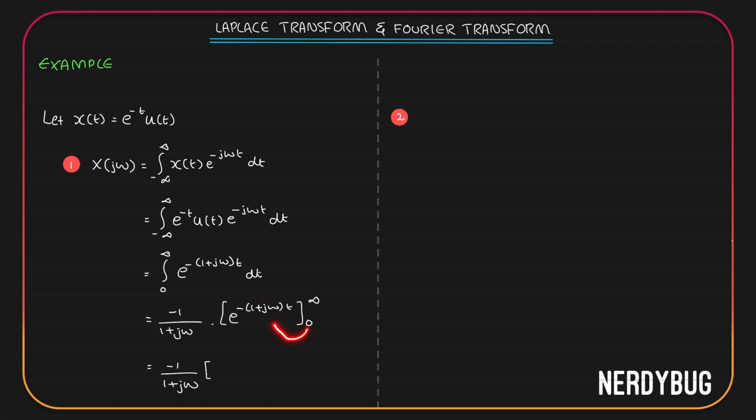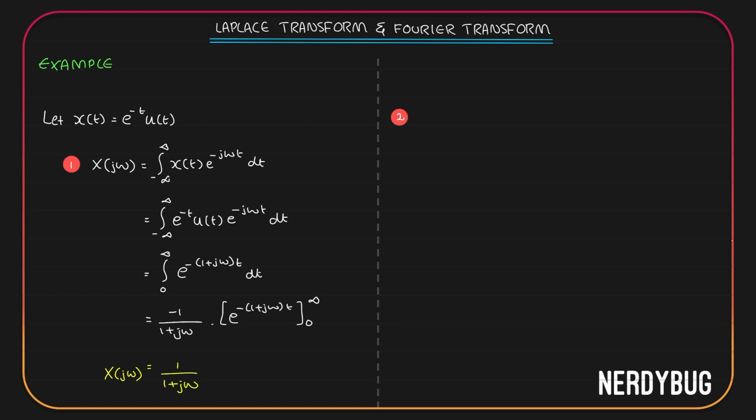When you give the lower limit, it is e raised to 0, which is 1. So you're getting 0 minus 1, that is minus 1. But we already have a minus 1 here. So they cancel and we get the final answer as 1 by 1 plus j omega. X of j omega is 1 by 1 plus j omega.